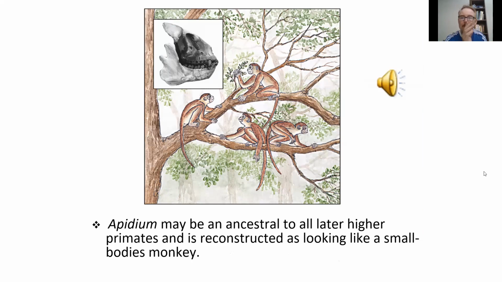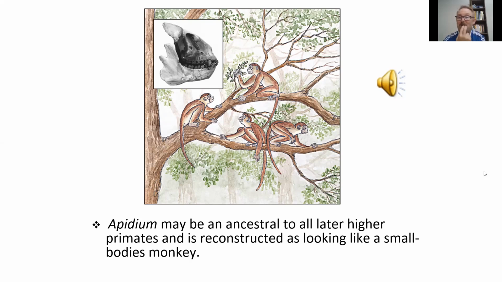Apidium. Well, first let's talk about some traits of Old World monkeys, which you and I are. Let's just look at one trait. Let's look at our dental formula. So our dental formula is this: it's the pattern of teeth. We take it from just one quadrant of the mouth. So if you take your mouth in half, you have upper and lower. Now we've got to divide it between left and right. So 1, 2, 3, 4 quadrants. Let's look at one quadrant. What are the patterns of teeth that we see?